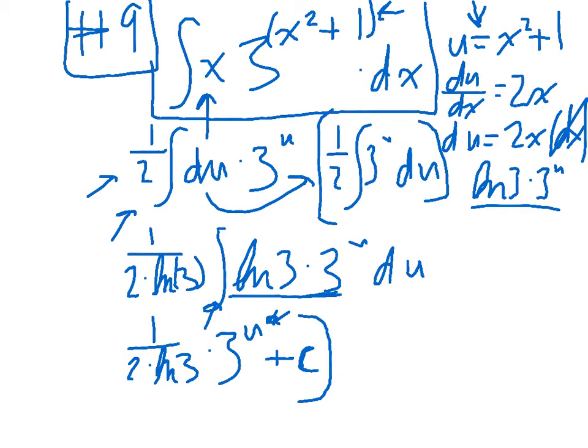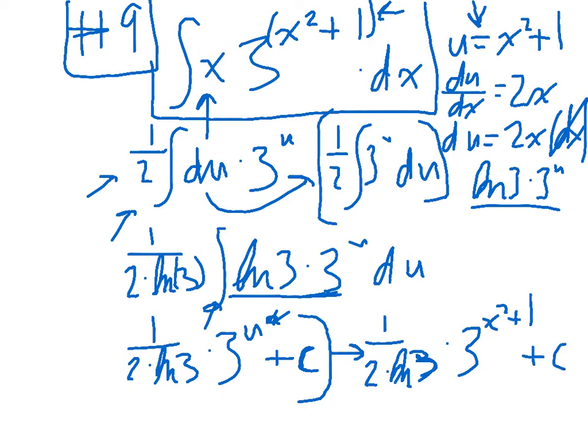Because it's an indefinite integral, we're not going to come out with a value, we're going to come out with an equation. So in order to come out with that equation with an x value, we need to replace that u with the x value that we originally replaced it with. So as our final answer, 1 over 2 times the natural log of 3, times 3 to the x squared plus 1, plus c. And that is our final answer.